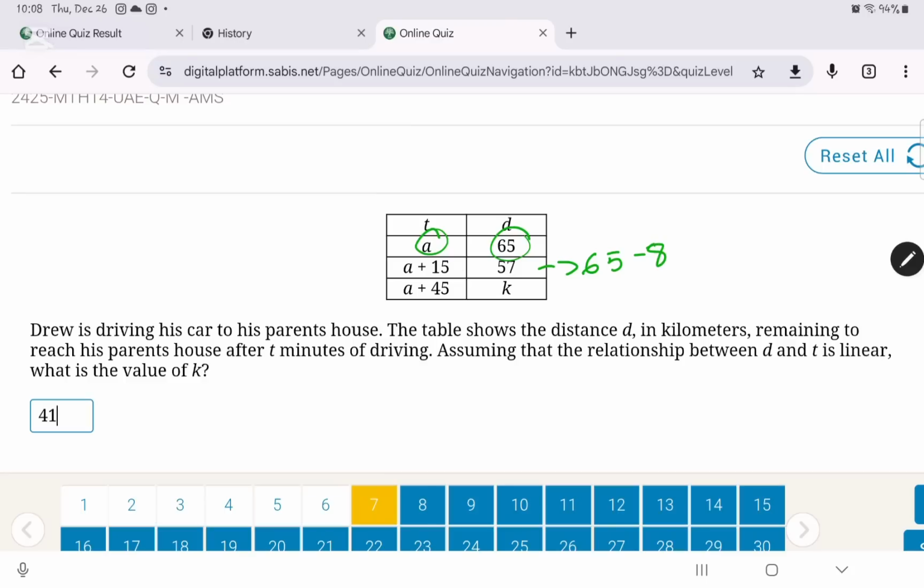Whatever will happen to the change in distance will happen to the change in time, and whatever happens to the change in time will happen to the change in distance. So in this case, it was plus 15, it became times 3, plus 45. It was minus 8, it becomes times 3, minus 24. And this gives us a value of 41.